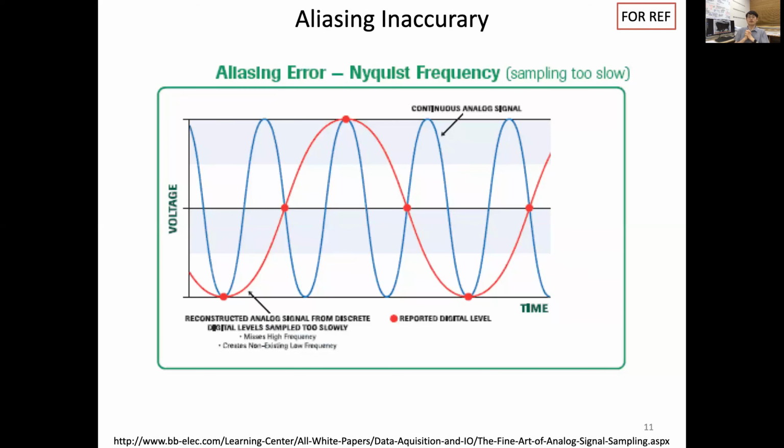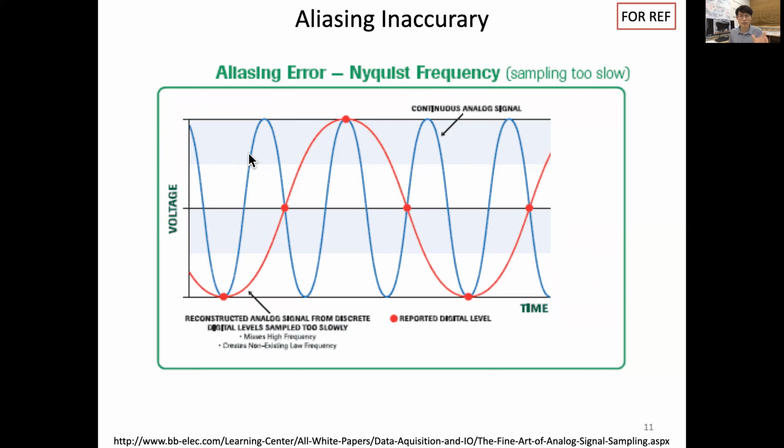And now I want to show you one more time the aliasing inaccuracy. If the Nyquist frequency is not met, what will happen? Again, these blue lines are the true analog signal. Of course, if we are sampling very, very fast so that we capture all of this, then that's no problem.